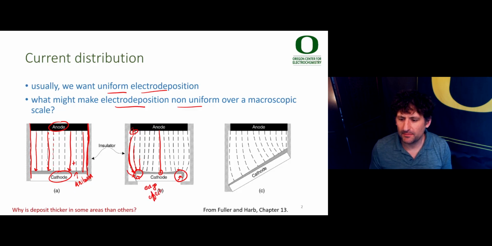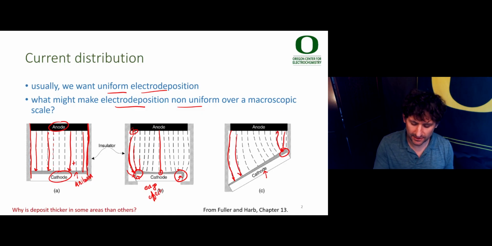Here's another example. Imagine your cathode is tilted such that the current flow is longer on one side than the other. That also will lead to a non-uniform deposition, as one side of the cell has a shorter distance for the ions to travel than the other. We'll handle some of these quantitatively in this lecture.